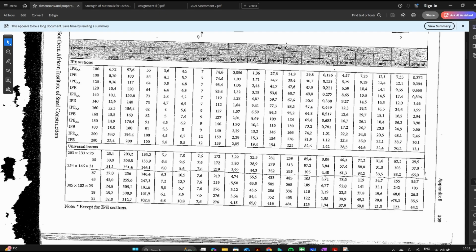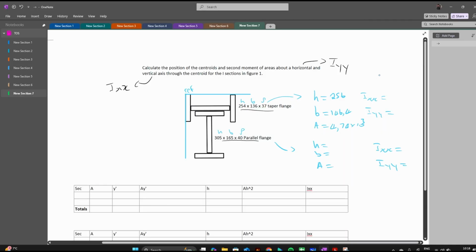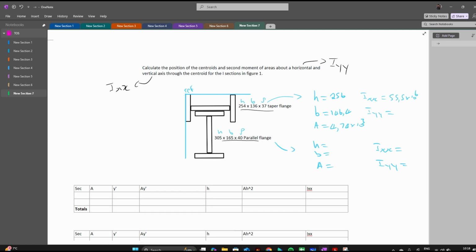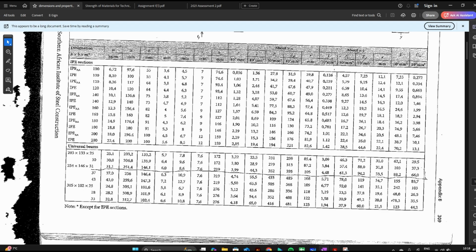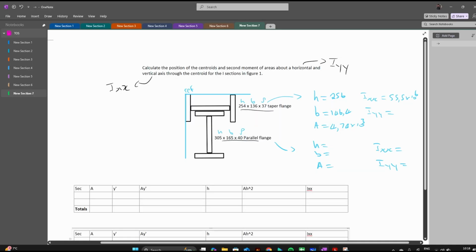Our Ixx, which is this one, is right here, 55.5, and for the Iyy, 5.71, times 10 to the 6.